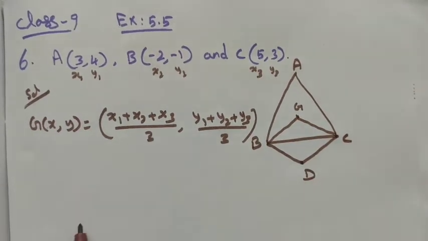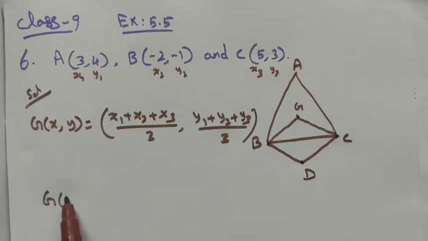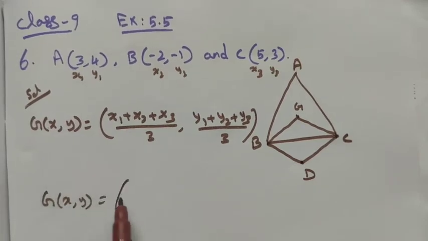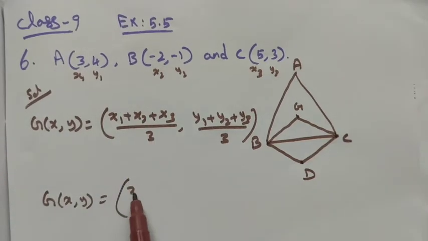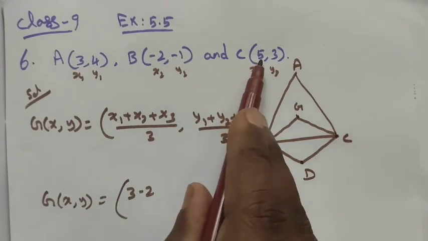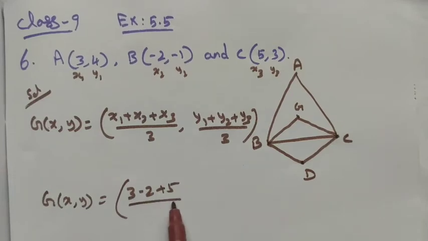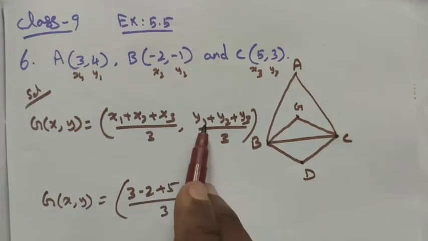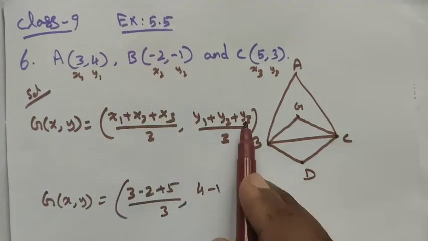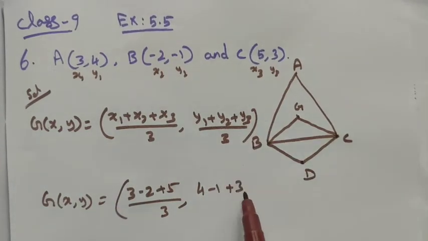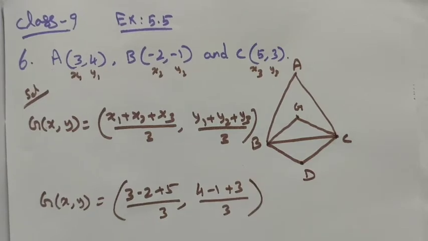Now substitute in this formula: G of x comma y is equal to, in the place of x1 is 3, x2 is minus 2, x3 is 5, divided by 3 comma, in the place of y1 is 4, y2 is minus 1 and y3 is 3, divided by 3.